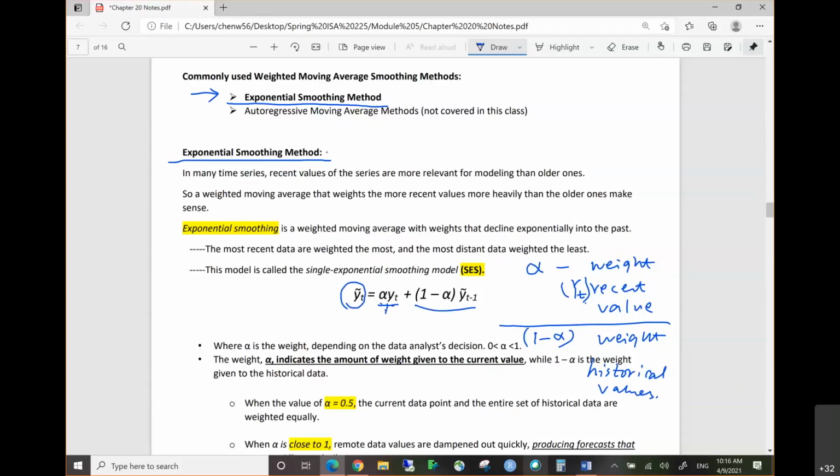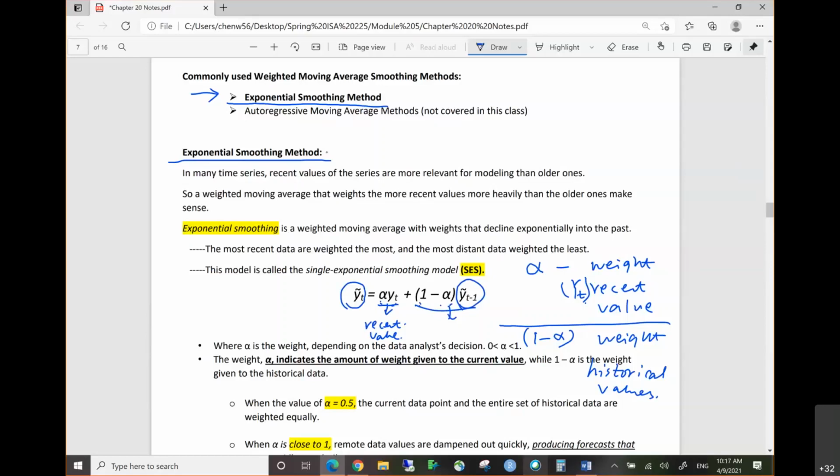So that will be for our recent value. Right? The weight times the value of it, right? And then next will be the weight, which is 1 minus alpha for the historical values, and then you multiply it by the previous estimated value. So that will be for all the previous historical values.